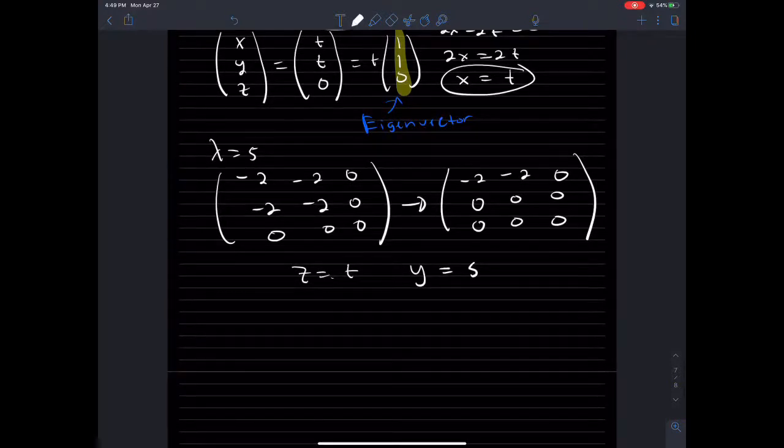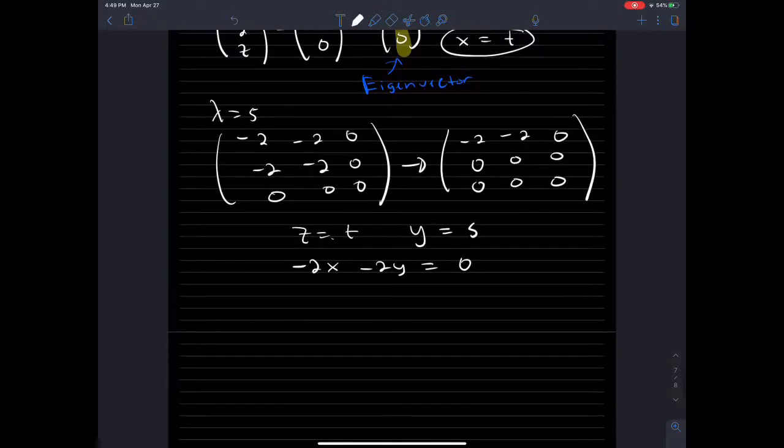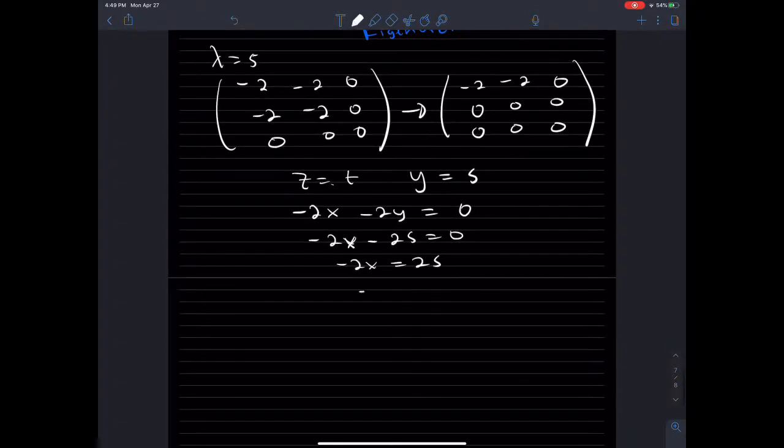So y is s, and then we can just copy the first line, minus 2x minus 2y, and set that equal to 0 using my equation. Plug in your parameter. We want to solve for x. Minus 2x minus 2s is equal to 0. So solving for x, we get minus 2x is equal to 2s. 2's cancel, and we get x equals minus s.